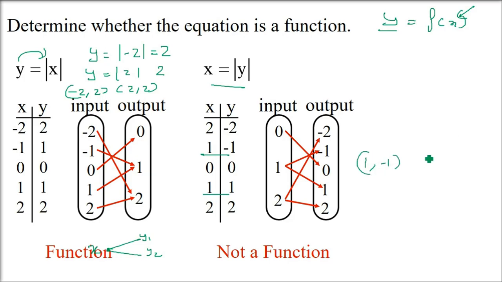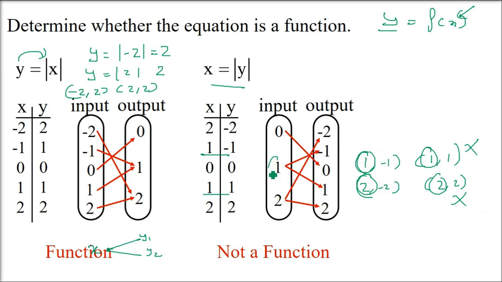Let me write it like this. 1, negative 1. 1, 1. 2, negative 2 and 2, positive 2. Now you see 1 is repeated, it cannot be a function. You see 2 is repeated, it cannot be a function. Clearly, if x is repeated, it is not a function.